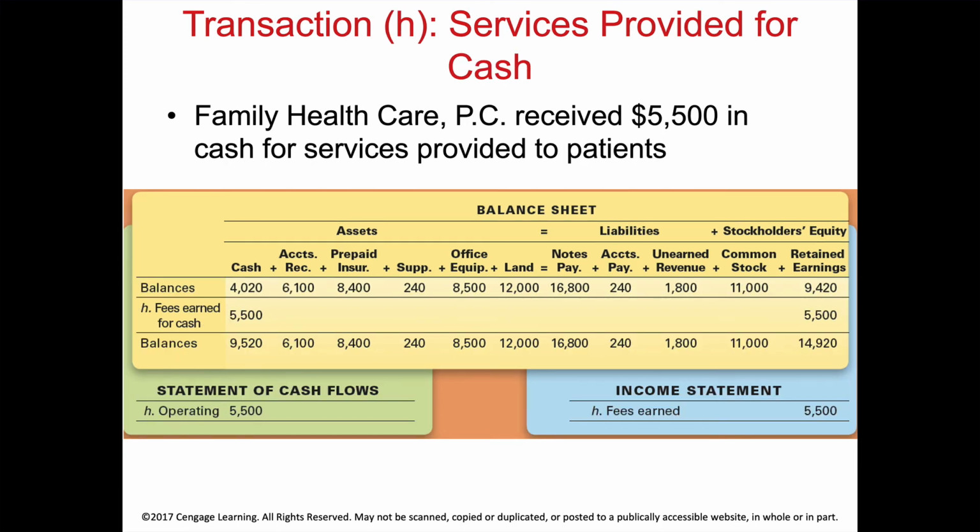And then of course they also were providing services for cash patients, and so they did earn cash for some of their services, and that also shows up over in the retained earnings and in the income statement as well.